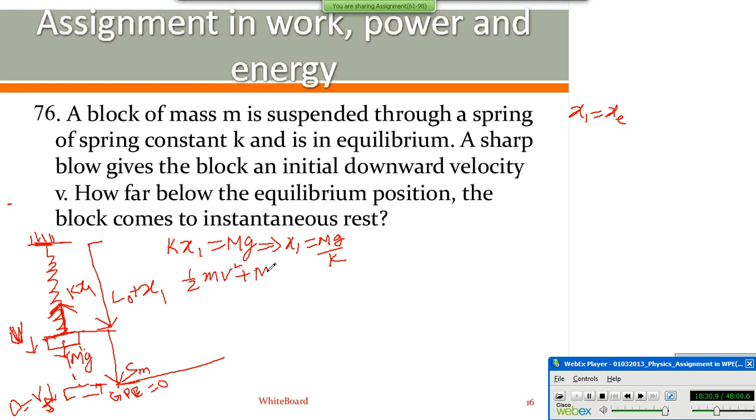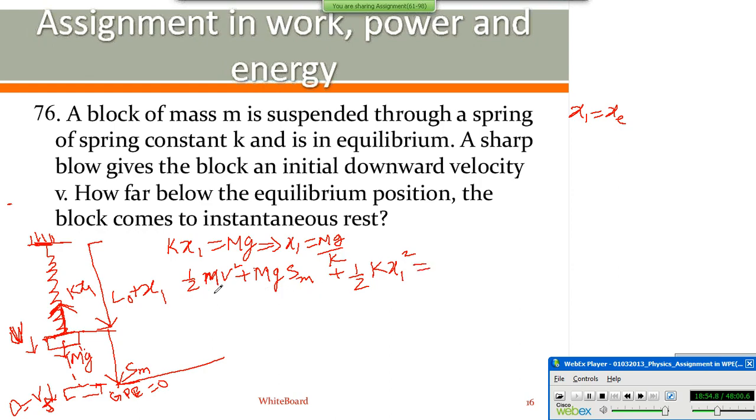The gravitational potential of the block at the initial position is mg into the height of the block above the lowest position, that is mg into Sm. Sm represents the maximum displacement below the equilibrium position. Initially, the spring has elongation x1, so the initial elastic potential energy stored in the spring is half k x1 square.